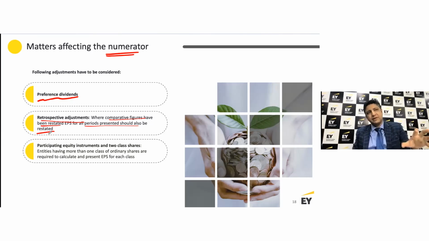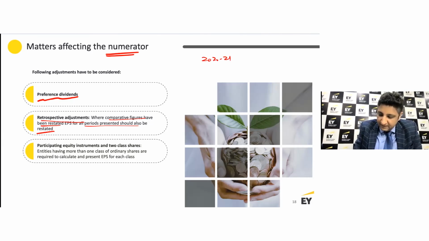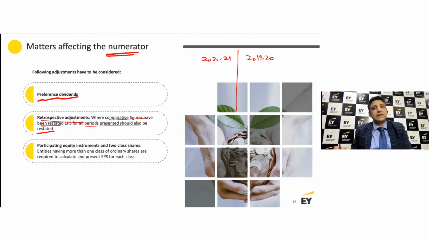What you want to remember here is that you would have reported, let's say you're sitting in 2020-21, and you had prepared the financial statements for 2019-20, right? And let us say you also had reported the previous year, 2018-19 information. And in this particular period of time, you would have reported the EPS, okay?